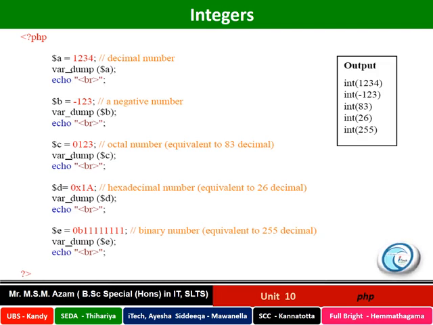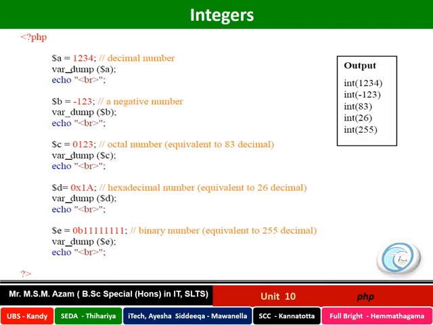Next, I have declared a variable called e and assigned the binary value of eight ones to the variable e. To assign a binary value to a variable, we have to start with 0b.